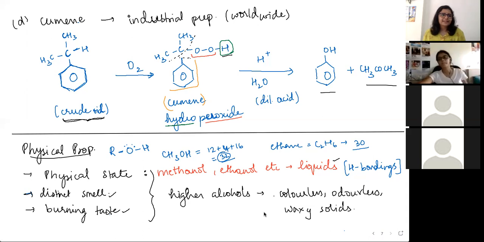So, ma'am, higher alcohols can have a smell, but it's just that we can't smell it. Because you attribute smells only when you can smell a specific thing. Like you said, it's after the interaction that you can smell a thing.